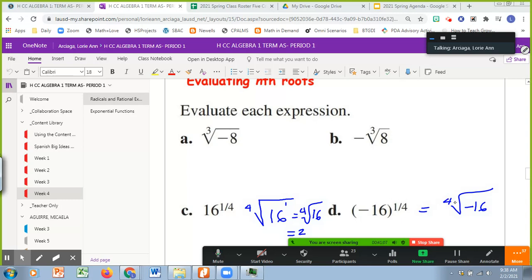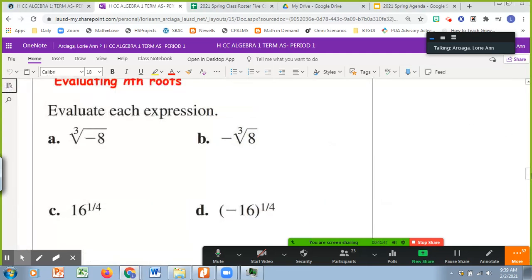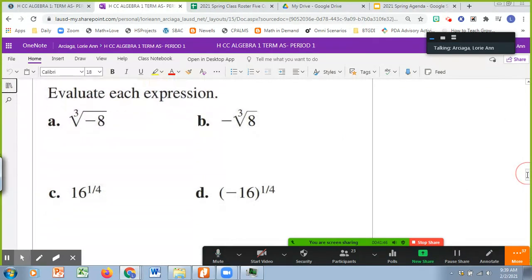Because this means you're finding a number such that when you multiply it by itself, it becomes negative 16, right? But if it's 2, that's going to be positive 16. If it's negative 2, it will also become positive 16. So there is no way the answer is going to become negative, right? If you're using your handheld calculator, it will most likely show the letter E for error.